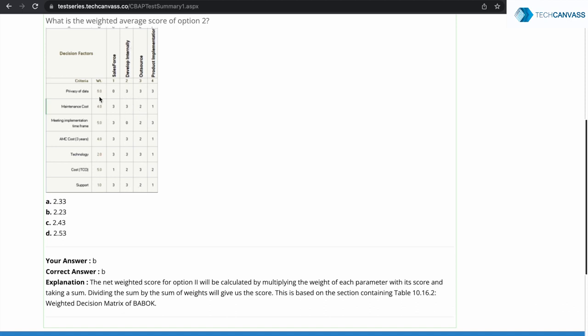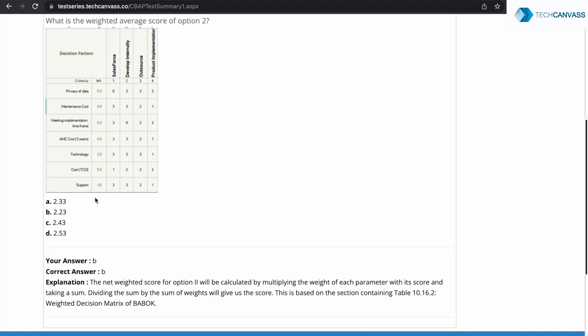Look at these weights and do a multiplication, which will be 5 times 3, 15, 4 times 3, 12, 5 times 0, 0, 4 times 3, 12, 2 times 3, 6, 5 times 2, 10, 1 times 3, 3. And do the sum of it, and you will get a number here. Do a sum of all these weights as well, and then divide the number you get here by the sum of all the weights.